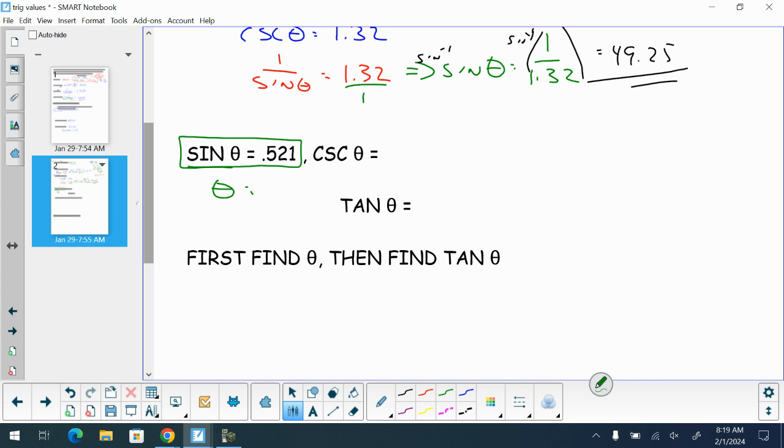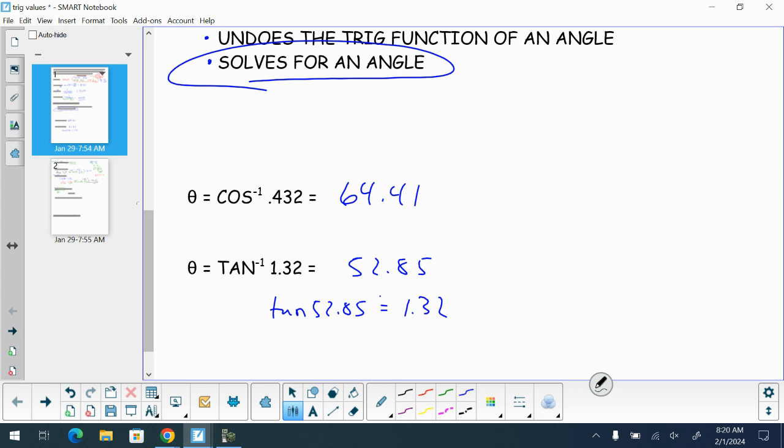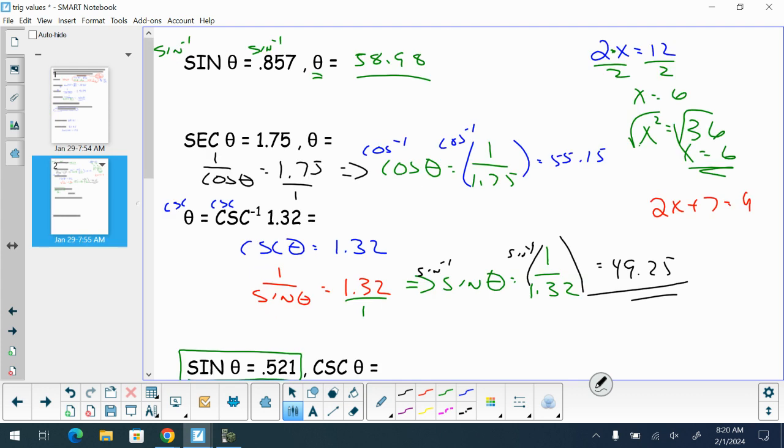What do we have to do to both sides to solve for theta, Maddie? As sine of theta is equal to 0.521, how do I get rid of the sine? Not reciprocal. How do I solve for theta?